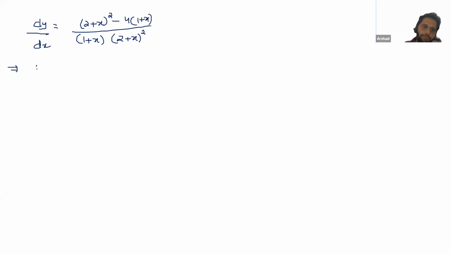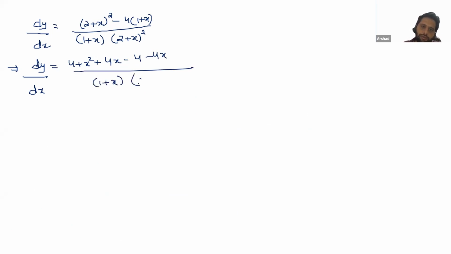Open this bracket. dy by dx is equal to 4 plus x square plus 4x minus 4x minus 4 over (1 plus x), and here we have 2 plus x whole square. So cancel out this.